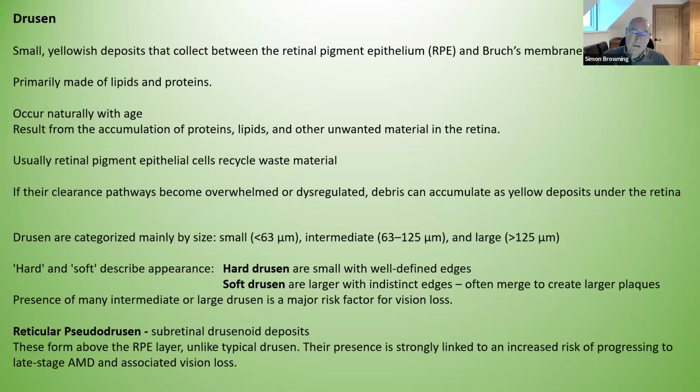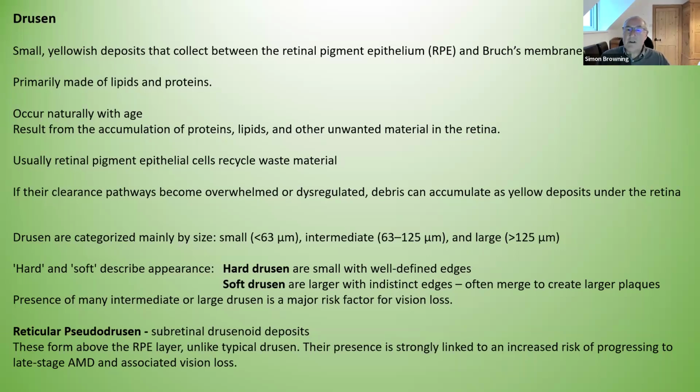And usually, if you remember from what I've said before, the retinal pigment epithelium will be breaking down waste products through phagocytosis and ejecting the waste from the retinal pigment epithelial cells. But if that clearance pathway becomes overwhelmed and damaged through oxidation, the debris can accumulate and will then break down further into drusen.